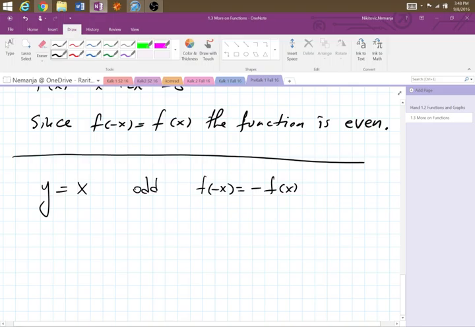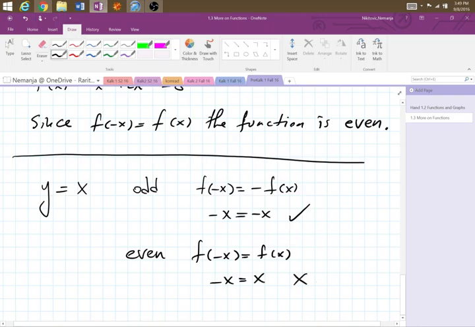Well, minus x is equal to minus x, that's true, so it's odd. If you try to check for even, you will see that it doesn't work. F of minus x needs to be the same as f of x, so f of minus x is minus x, and f of x itself is x. That's not true, so not even. But it is odd. It can't be both at the same time, so once you figure out it's one, it's not the other.